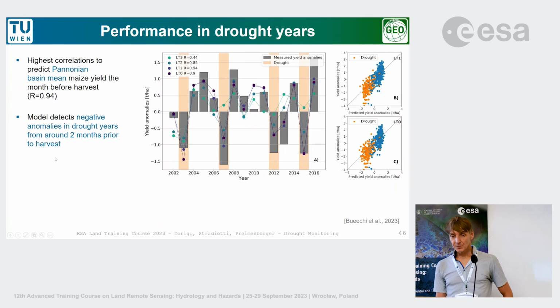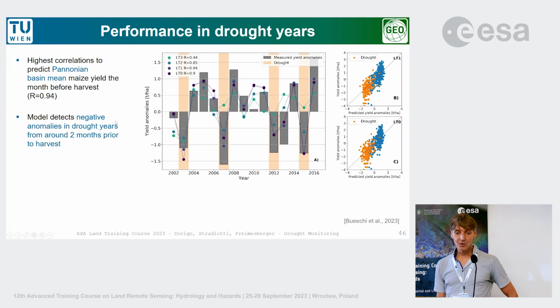What we could show is that the correlations are about 0.94 one month before harvest. Of course, that doesn't give us much time to fine-tune the yield, but at least it gives you an estimate of how much will be there, and all the logistics can be fine-tuned if you predict one month earlier.